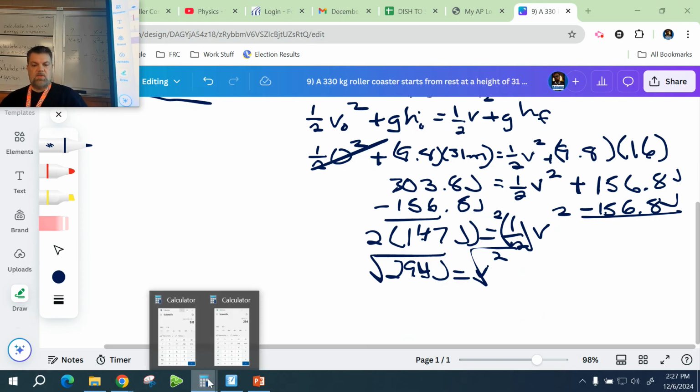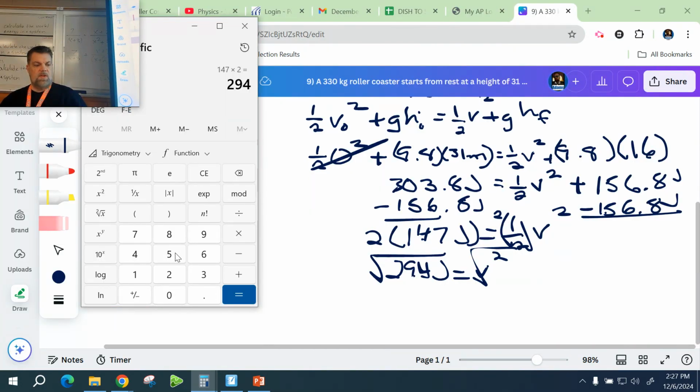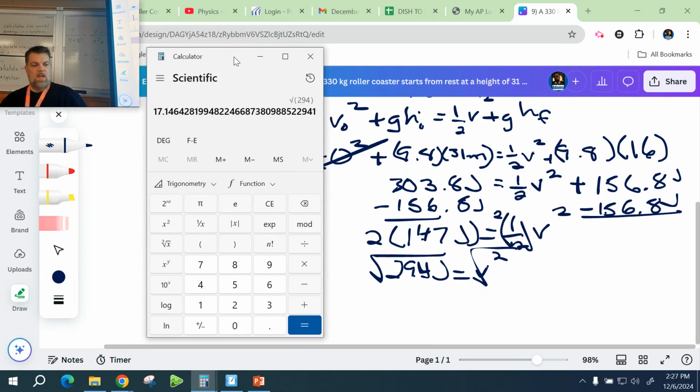And so if I take the square root of 294, I get 17.1. So that's the correct answer.